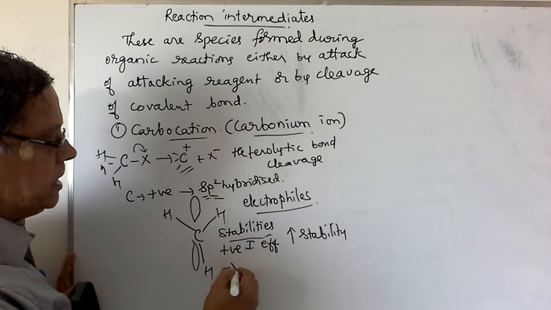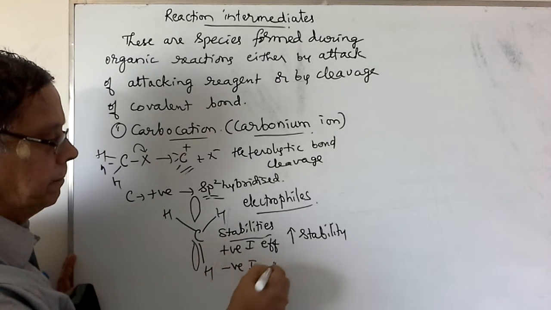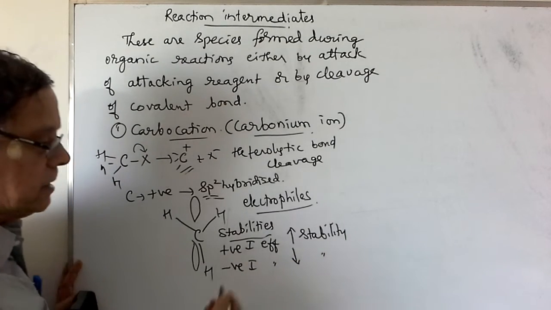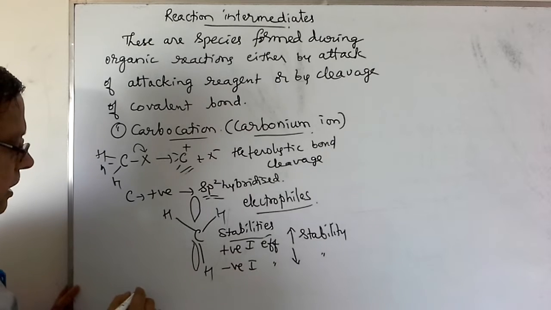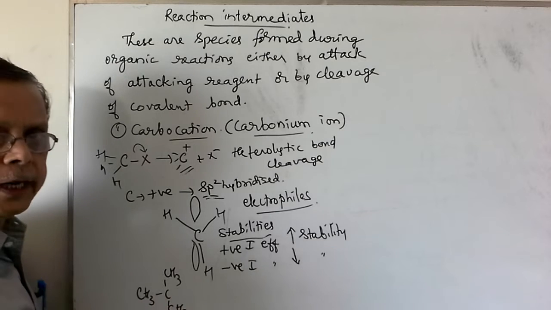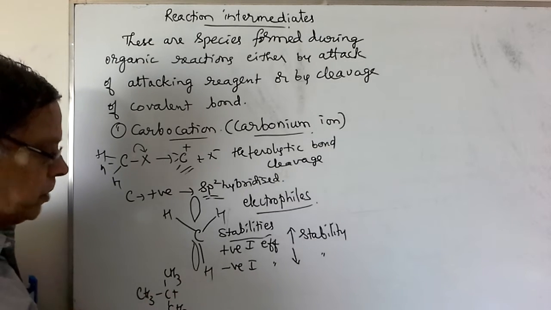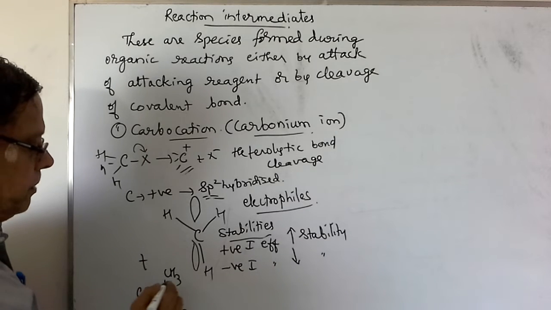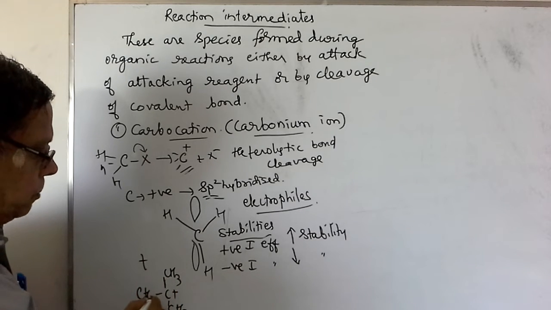But any group that is having negative inductive effect will decrease the stability. For example, if you consider this (CH3)3C+, that is a tertiary carbocation. This carbon being positively charged is tertiary. This has three positive inductive methyl groups.